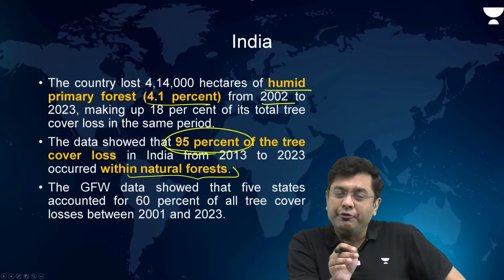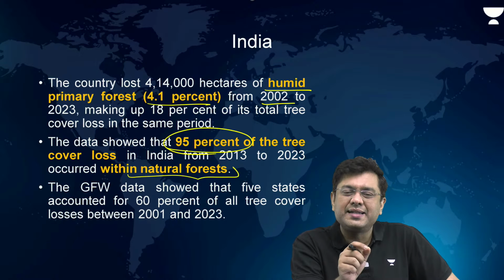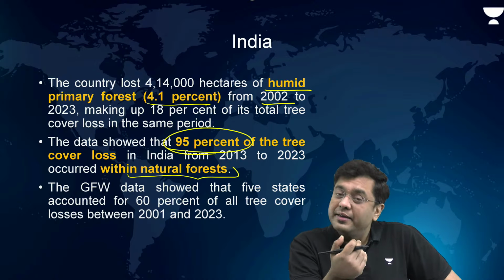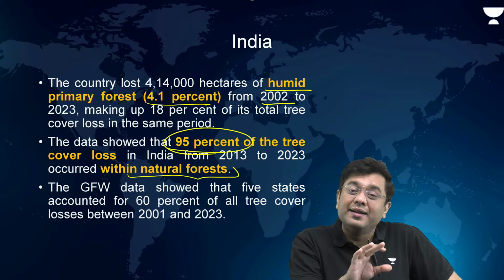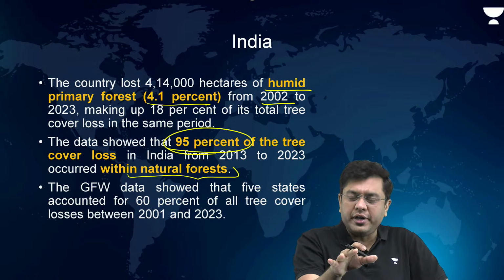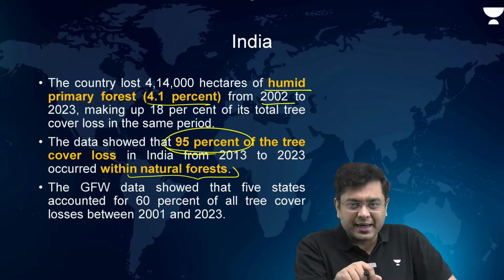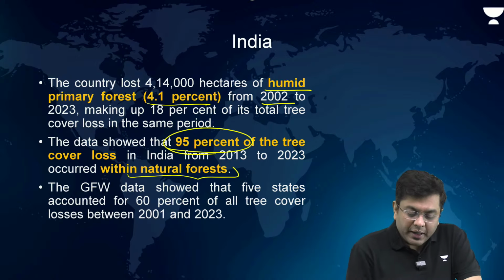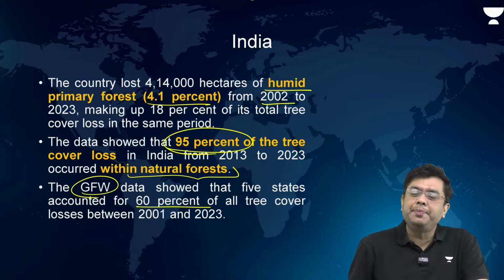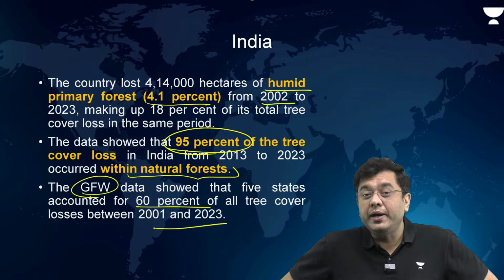Those of you who have watched the India State of Forest report, there also we have discussed that the latest report, released in December, also discusses the fact that in the naturally forested area, in the reserved forested region, the forest cover has experienced a major decline. Right? Now, the Global Forest Watch data showed that 5 states accounted for 60% of all tree cover losses between 21 and 23.